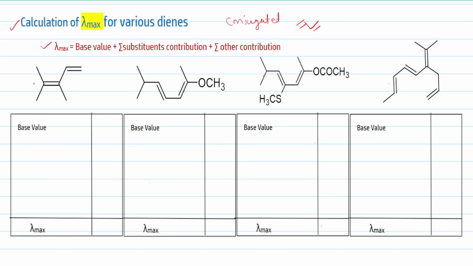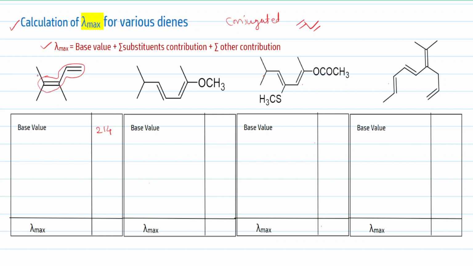Now the first example in this calculation has an acyclic diene system. Therefore, the base value for this compound is 214 nanometer because it is an acyclic diene. There is an absence of extra conjugation. Then all the alkyl groups are attached here, so we have to write alkyl substituent.